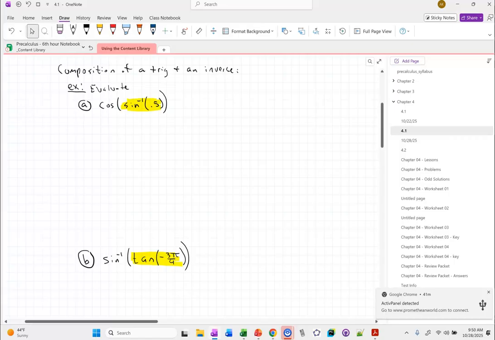So what I want to talk about here first is these problems that are a composition of a trig function and an inverse. In our first example, the inverse is on the inside of the composition, right? We're doing cosine of the inverse. In the second example, I'm doing sine inverse of tangent. There, the inverse is on the outside.